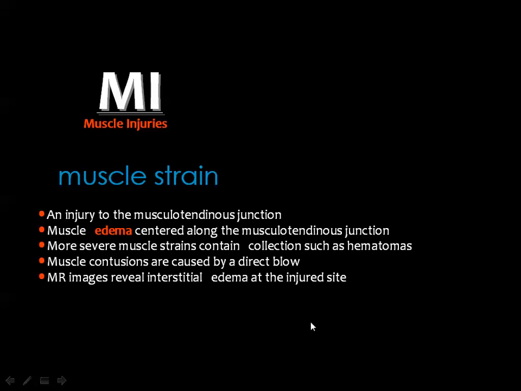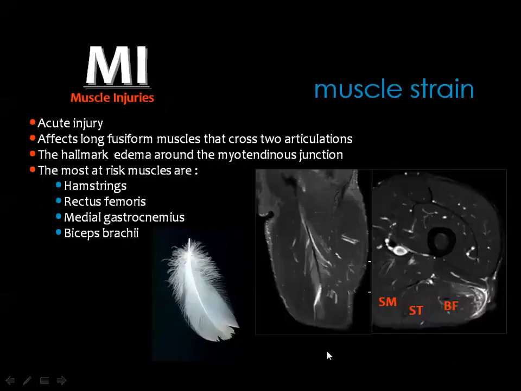Then muscle edema is the hallmark of grade 1 muscle injury, and of course the best way for diagnosis is MRI. And if you look here, you can see the biceps femoris muscle in the coronal image, which has a feathery appearance.